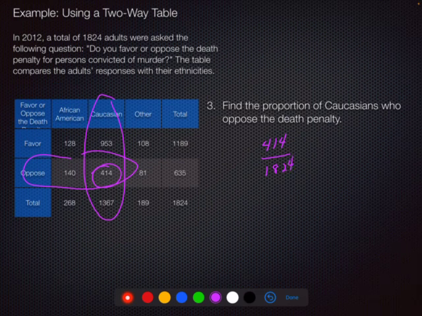Wait, find the proportion of Caucasians, not the whole group. Better be careful there. We only got the 1,367 of them. Be careful there.